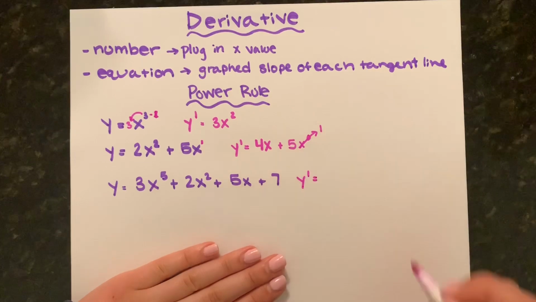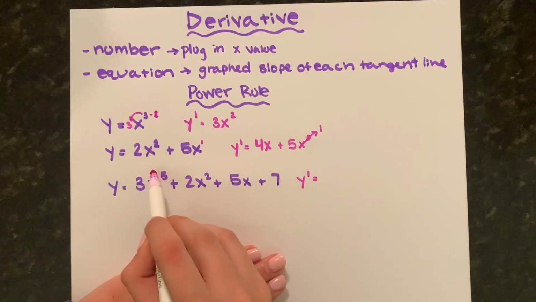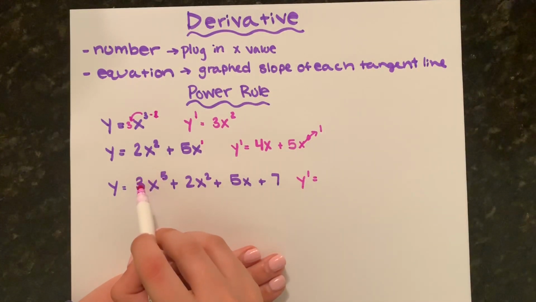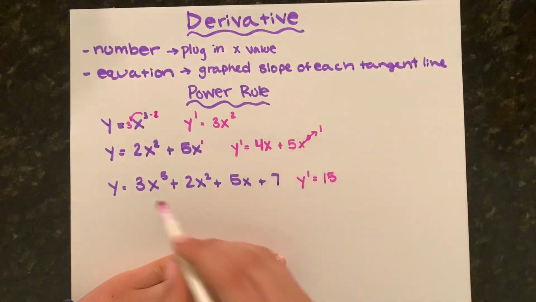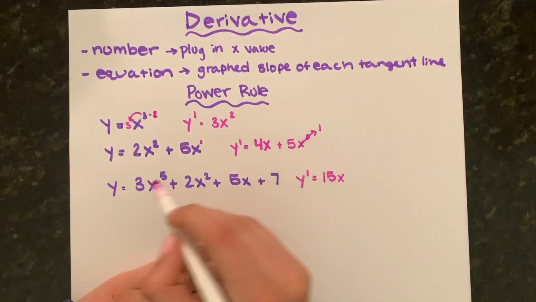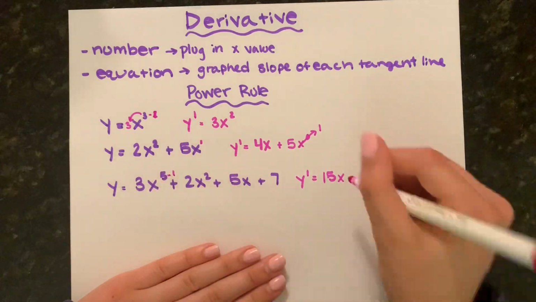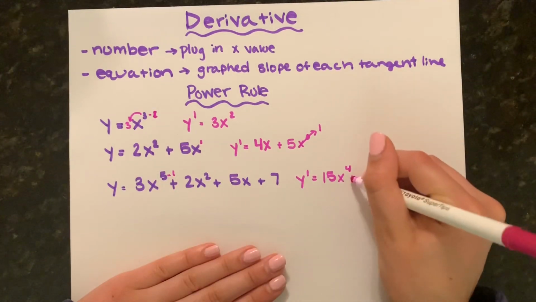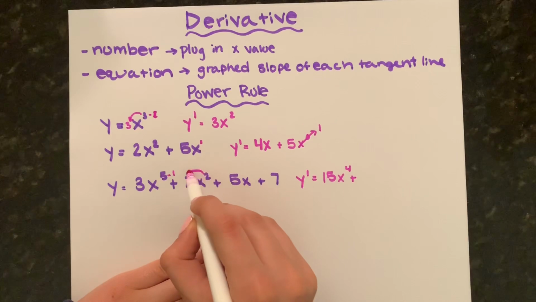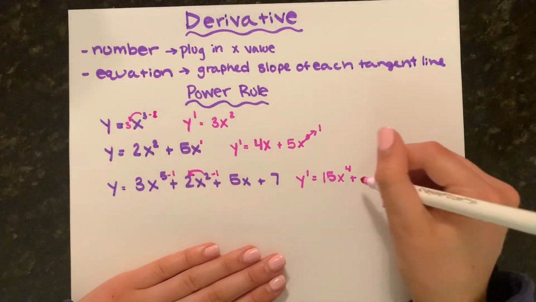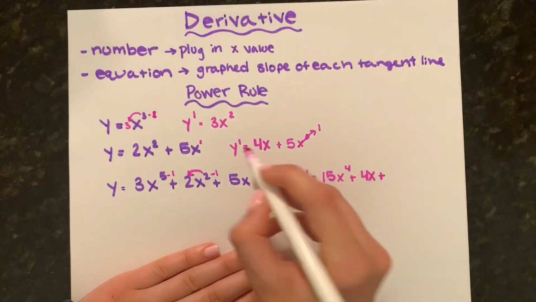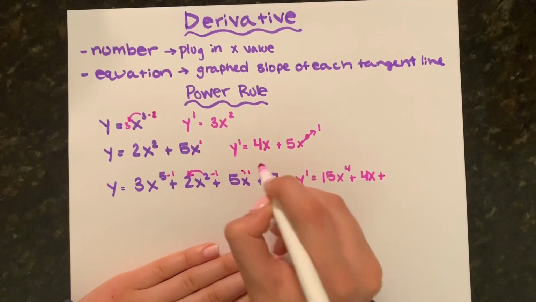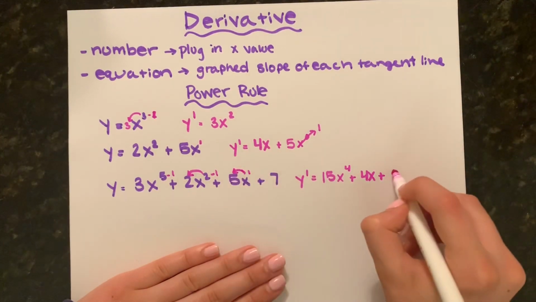So I'm bringing down the 5, multiplying it by the current coefficient, and subtracting 1 to get 15x to the 4th. Next, I'm doing the same with the next term, 2x squared, to get me plus 4x. Next, I'm doing the same with 5x, which brings me to plus 5.